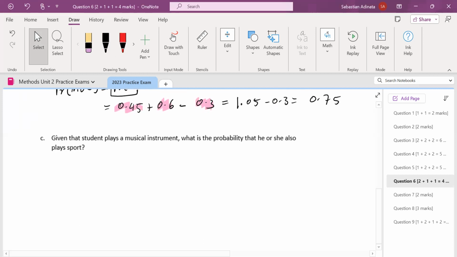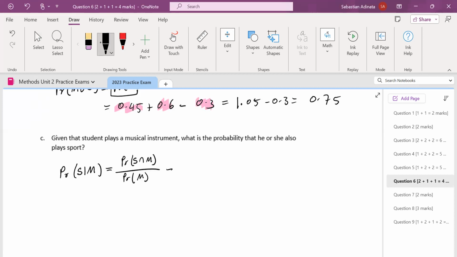Given that the student plays a musical instrument, what is the probability that he or she also plays sport? Here we go. This is this formula. We're going to have the probability of the intersection of sport and music over the probability of playing music.